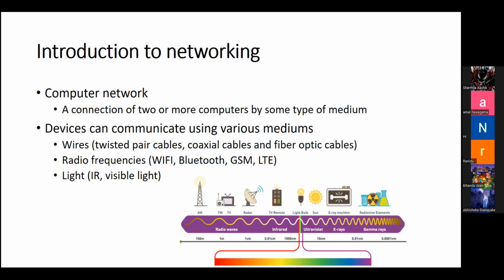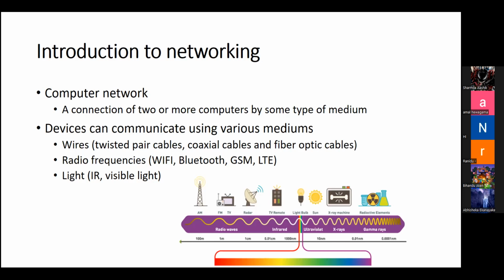Devices can communicate with each other using various mediums, right? There are wired ones, like twisted pair cables and coaxial cables. Coaxial cables are not used that much today; that's an older technology, but in some specialized cases they are still used. And fiber optic cables are used for long distance communication. These are very commonly used.